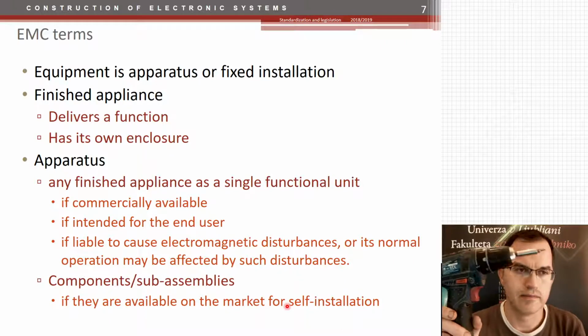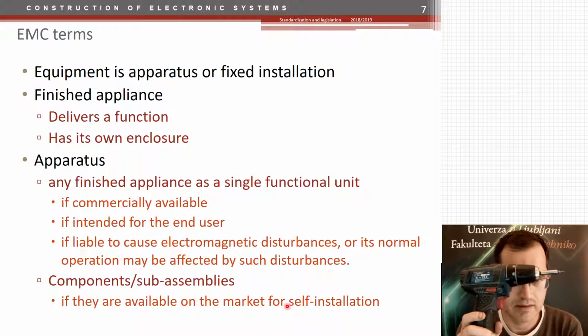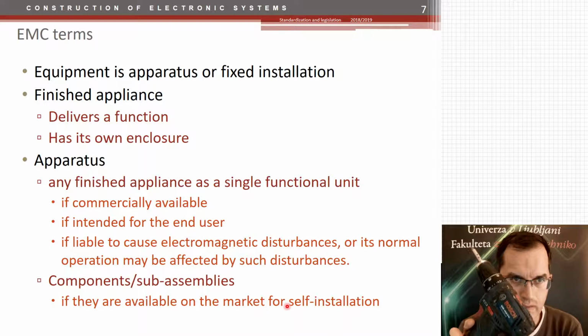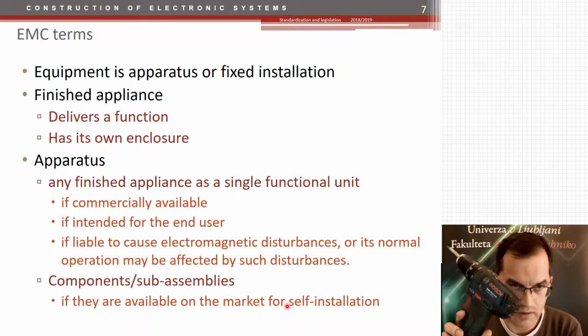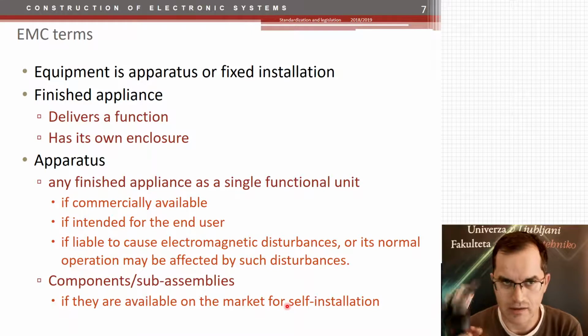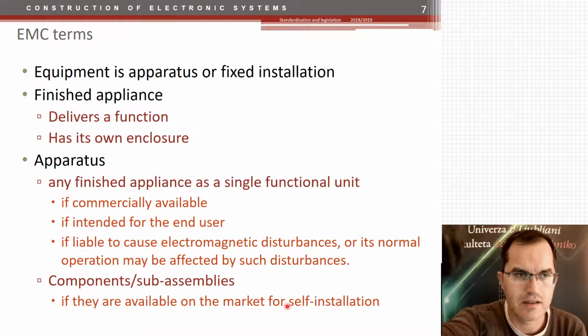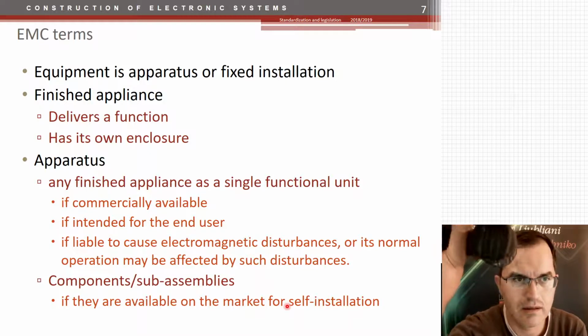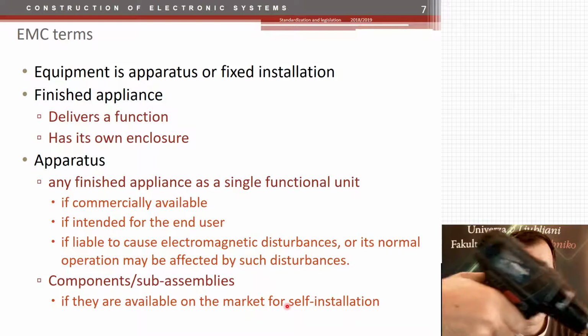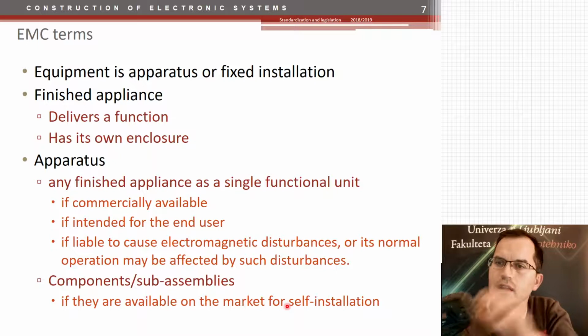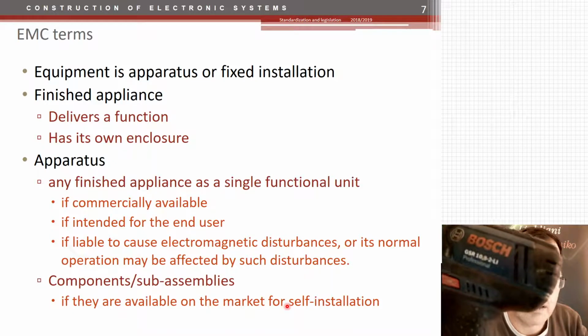This thing here is apparatus, because it is a finished appliance, it has a function, it has an enclosure, it is commercially available, you can buy it in a store, it's intended for the end user, that's me, and it can cause electromagnetic noise. See here, maybe, it has some sparks, but I can't show any. Yeah, it generates some electric sparks in here.